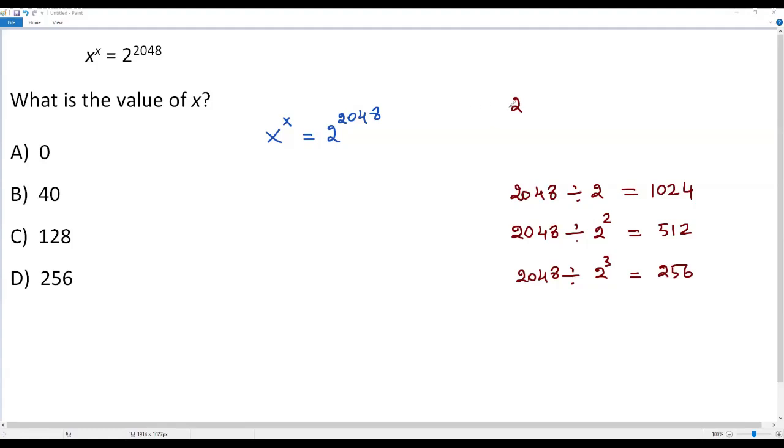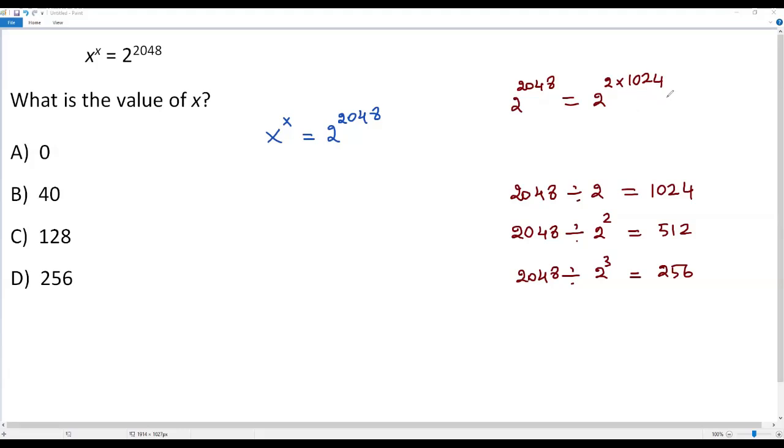Now I'm going to take this 2048. We can write 2048 as 2 times 1024, because when I multiply 2 and 1024, that is equal to 2048.